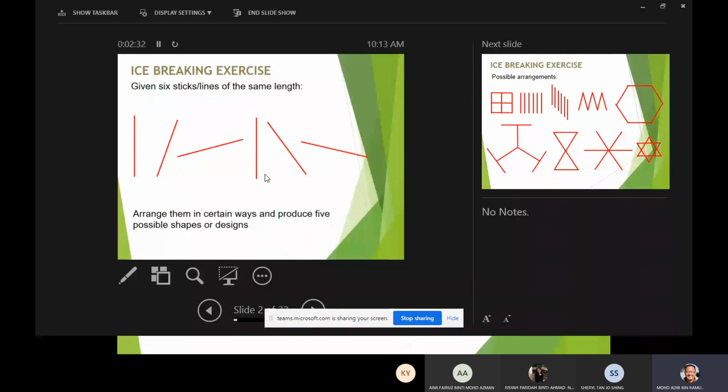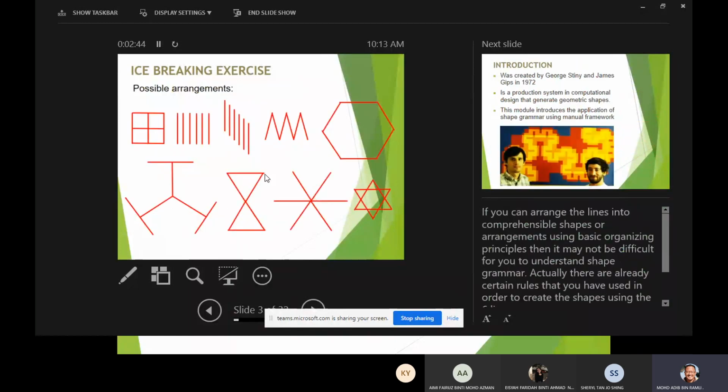For example, you lay the lines side by side, or you rotate them at a certain angle to create a certain shape. So the possible arrangements will be something like this. It may be more than this, depending on your creativity, but these are among the possible arrangements that you can come up with.